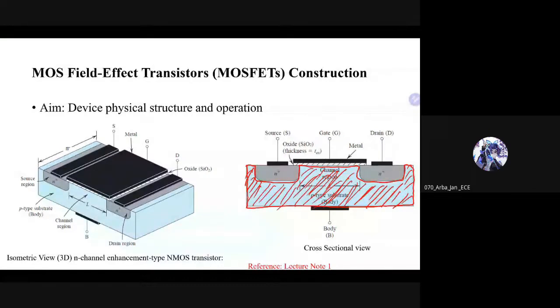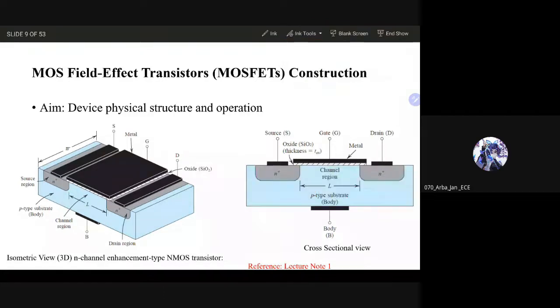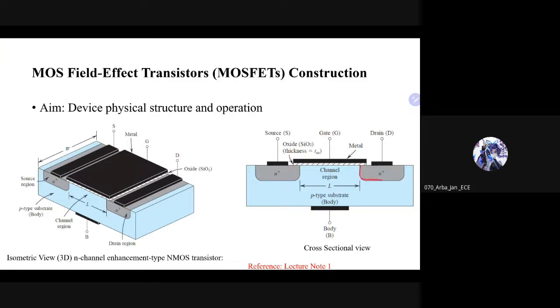The job of the substrate or the body is to provide the physical support to the rest of the structure. जो इसमें दूसरा structure होता है. If you observe it carefully, in the body there are two different wells. They are of opposite type. अगर body P type substrate है, then it is important that the wells should be of opposite type.